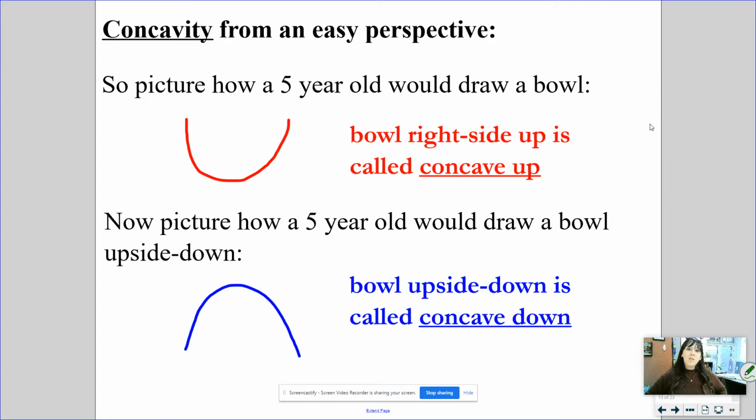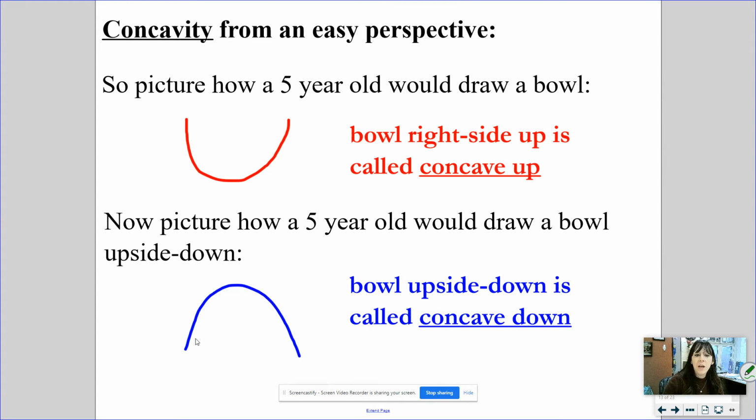So concavity is a way to describe the shape or the curvature of your graph. So if I told a 5-year-old to draw a bowl, this is what it would look like in red here. We would call that shape or that type of curve concave up. So if it looks like a U or a bowl, it's called concave up.